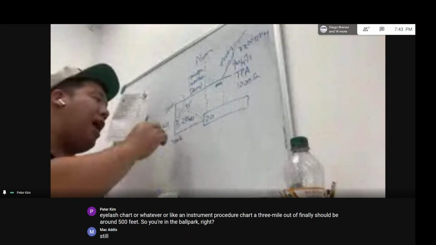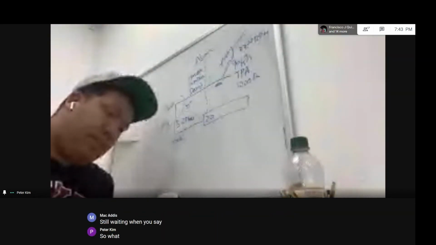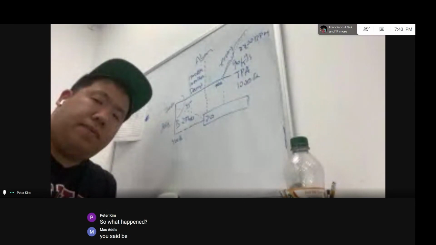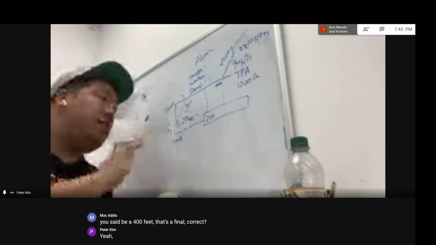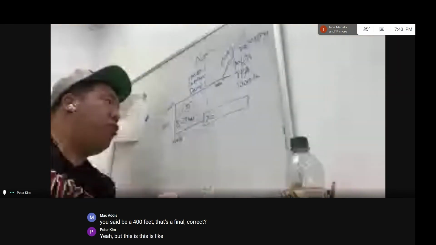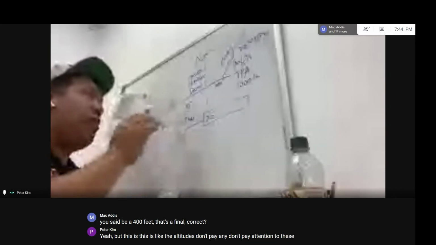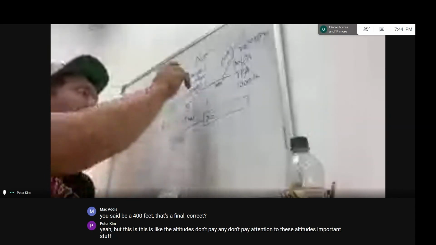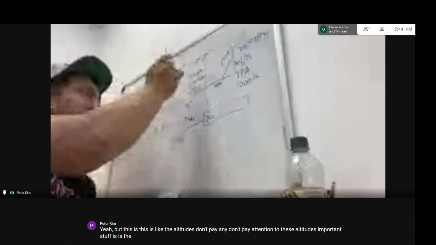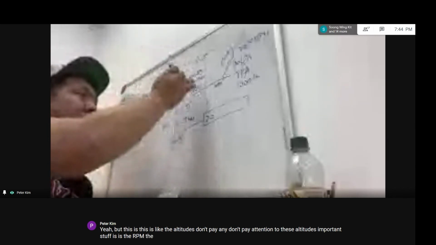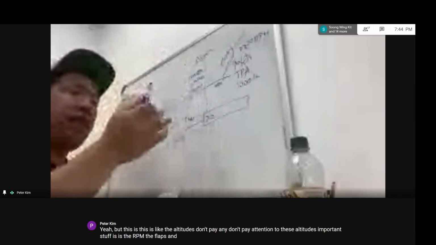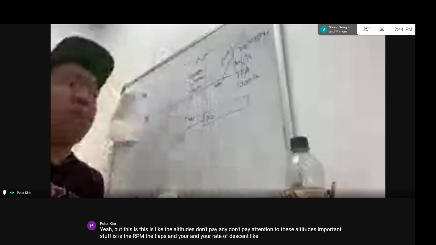So when you said be at 400 feet, that's at final, correct? Yeah. But don't pay attention to these altitudes. The important stuff is the RPM, the flaps, and your rate of descent, like 400 feet per minute, 300 feet per minute.